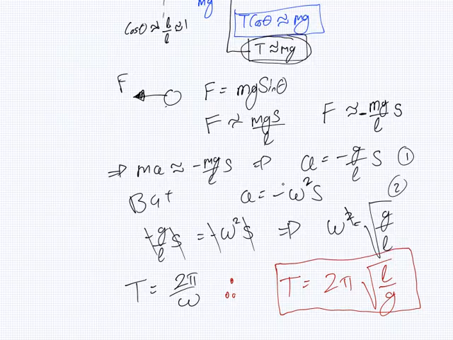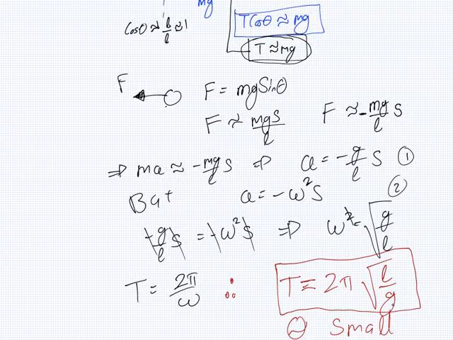Now remember, this formula is not exact, but when you actually use it, you find that it's really, really accurate. The only thing is, the theta should be small. As long as the angle is small, the time formula works pretty well, because the up-down motion is not so exaggerated.